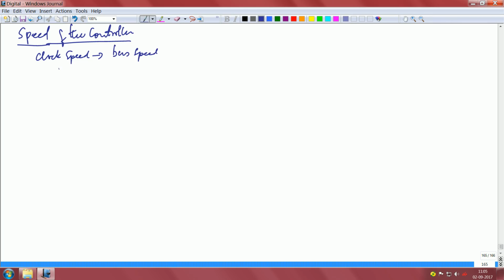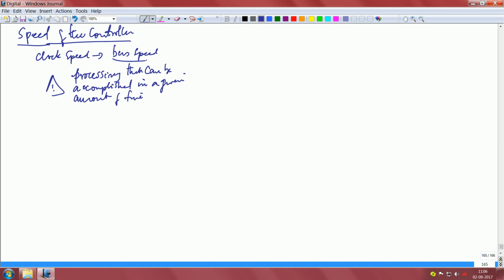And this determines how much processing can be accomplished in a given amount of time. I am sure you will appreciate why, when you say clock speed, it is really the bus speed.